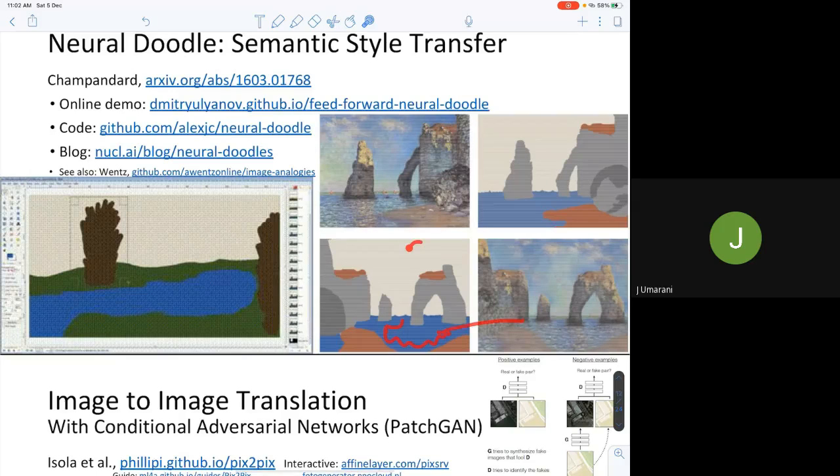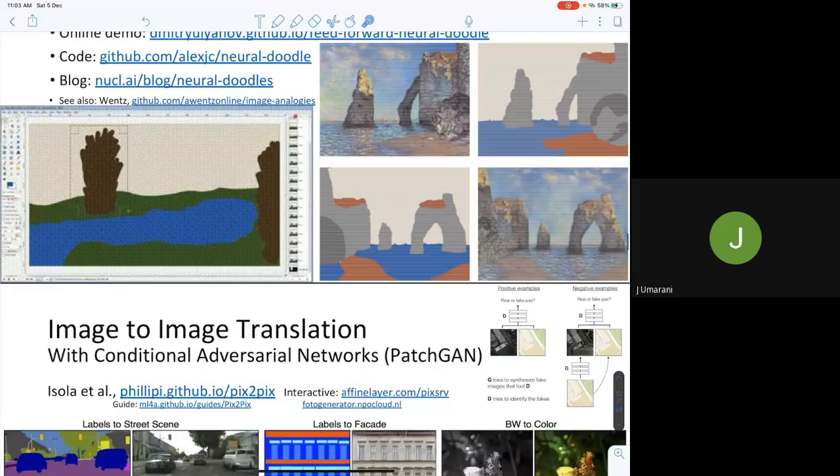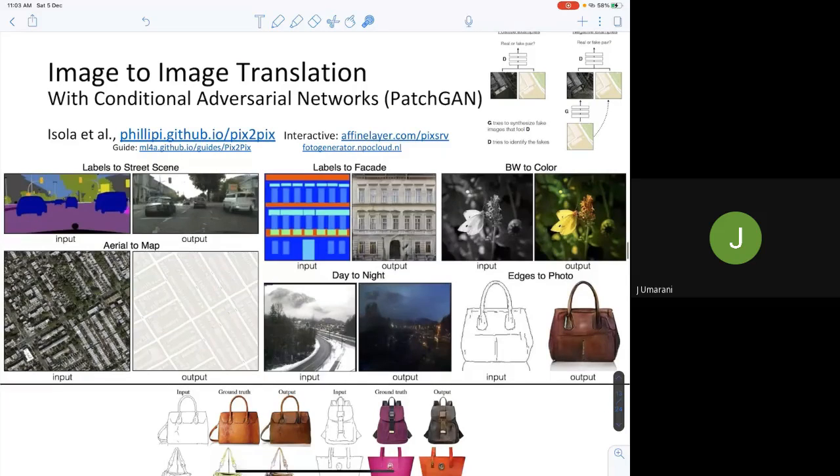Now with style transfer, if you give me an input like this, just the outline of a bag, the whole bag image will be generated for you. If you give me a day image, I can convert it into a night image. If you give me a horse image, I can convert it into a zebra image. That is unsupervised image to image translation. You are giving me images, and I am converting them into another related image.